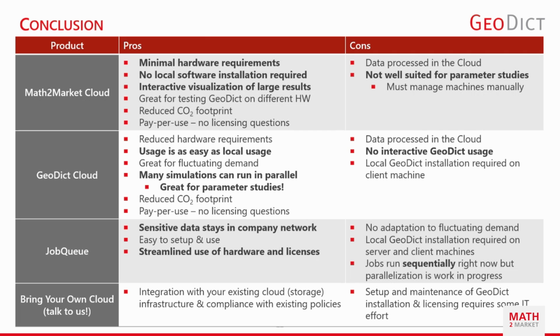But of course, one of the cons is it does not adapt to fluctuating demand, because you cannot on short notice increase your hardware deployment, and it does require a local GeoDict installation both on the server and the client machines. And right now, the jobs within the job server are run sequentially, but enabling parallelism is high on our agenda, so that's work in progress.